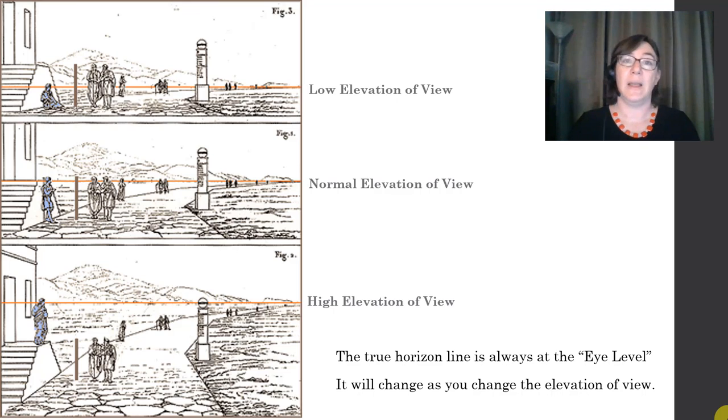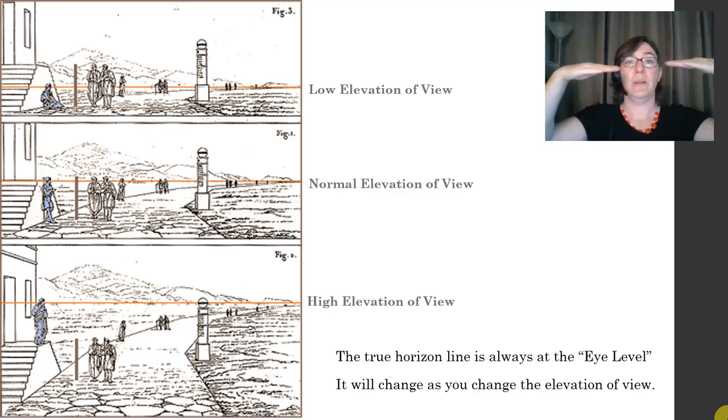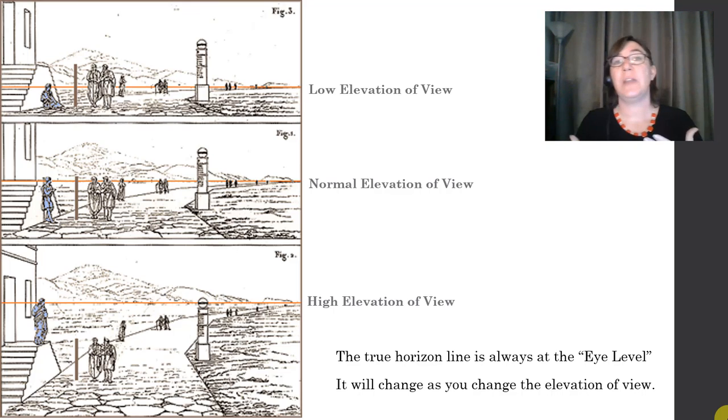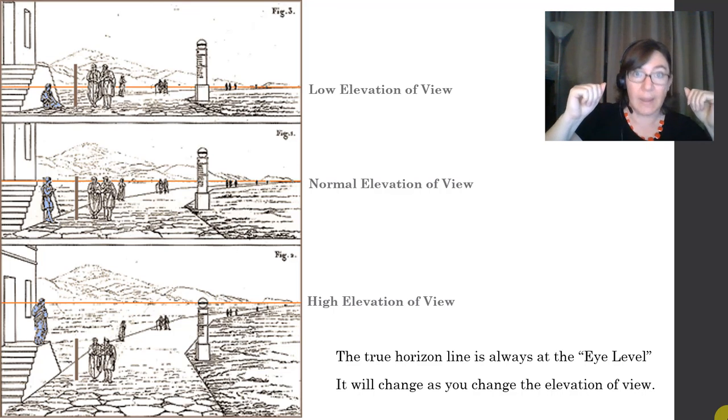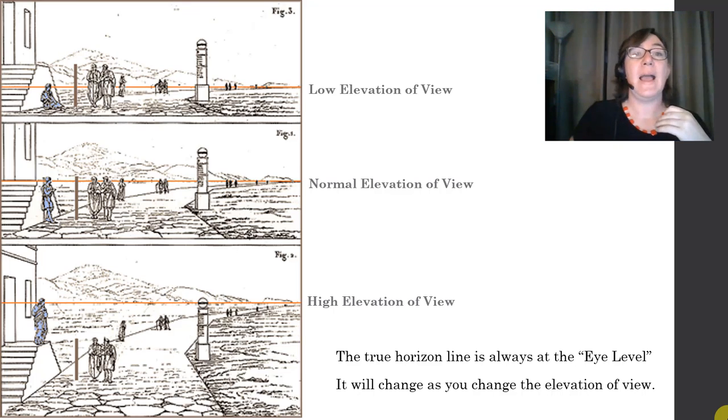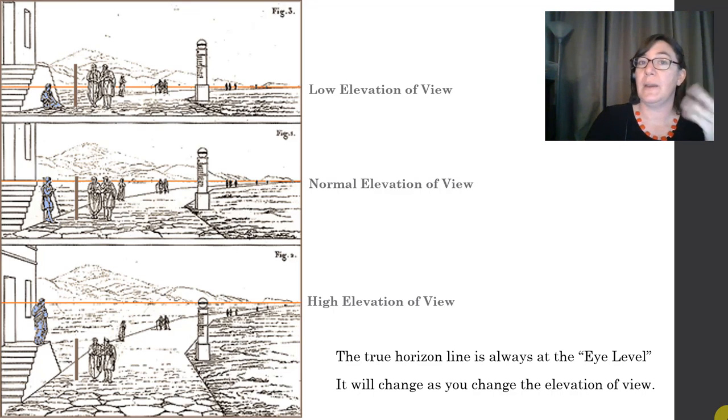The horizon line, the true horizon line, is always going to be at eye level. And it will change in your composition as you change the elevation of view. So as your horizon line moves up or down, your eye level moves up or down. Let's give an example here. On the top, we have a picture with a low elevation of view.